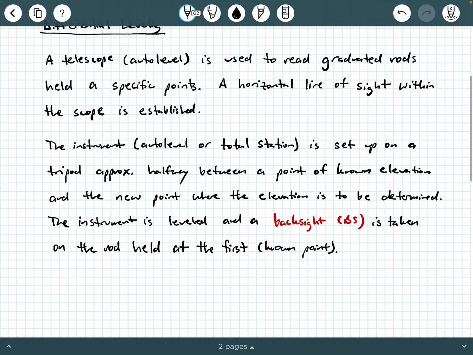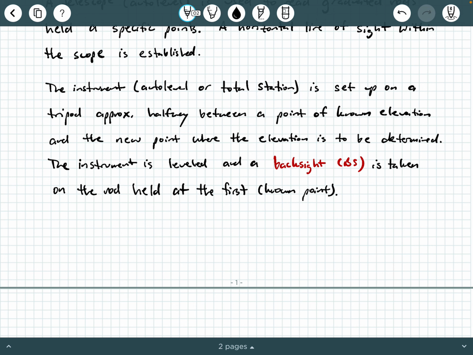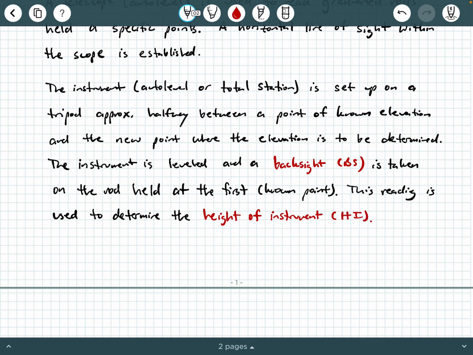We use this reading to determine what's called the height of instrument, which we abbreviate HI.